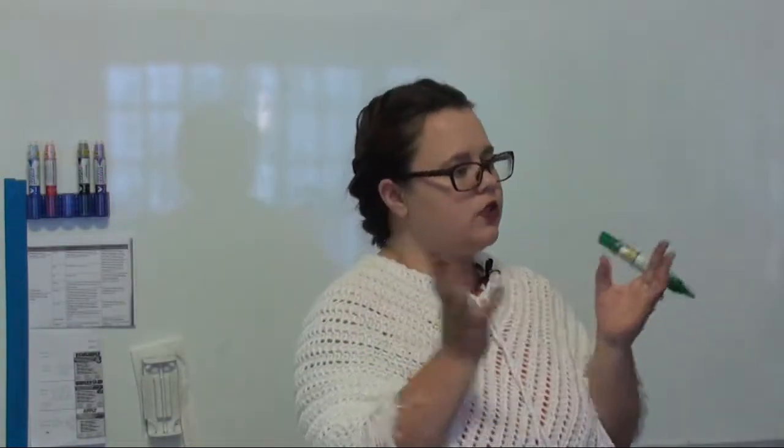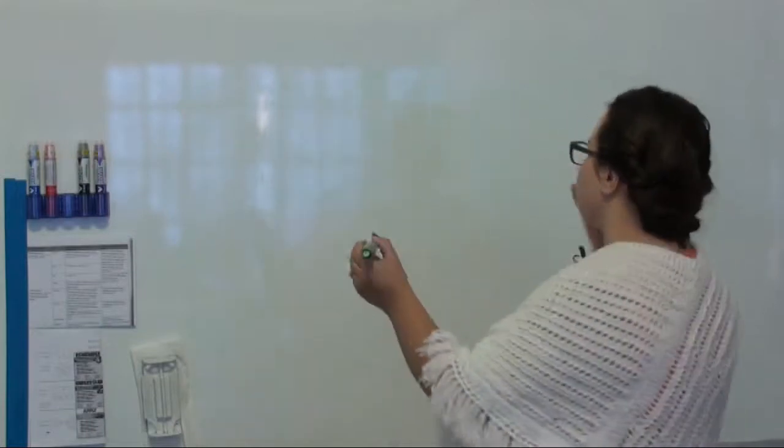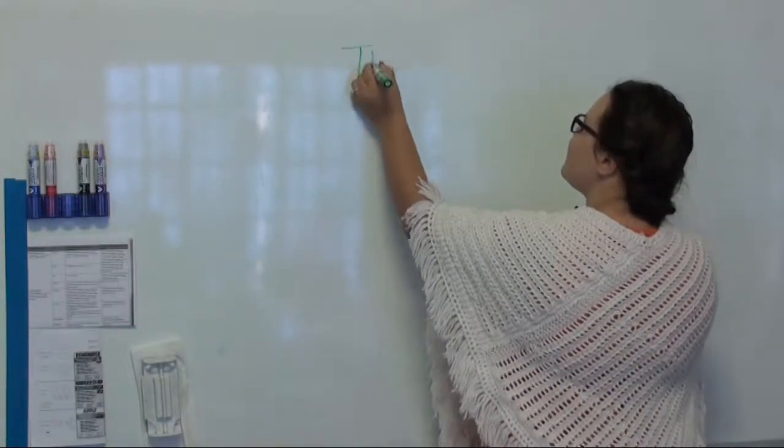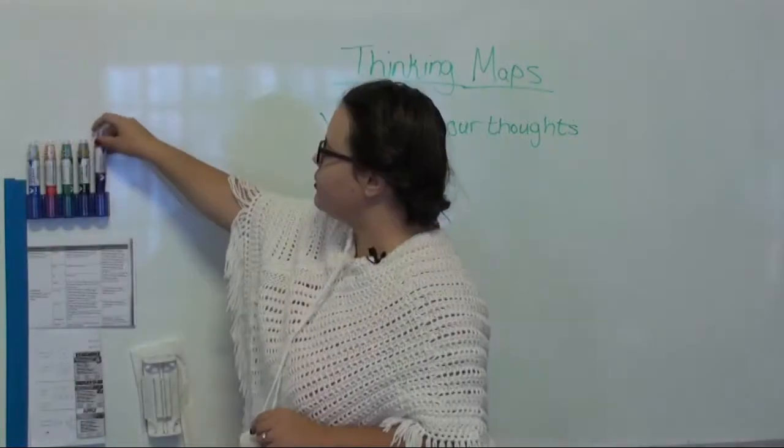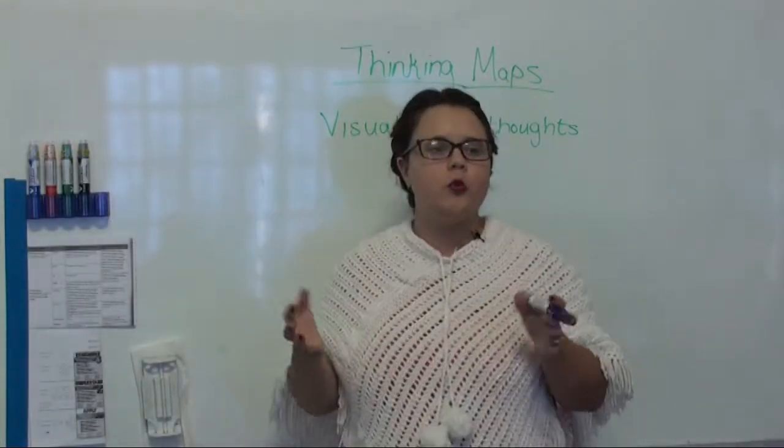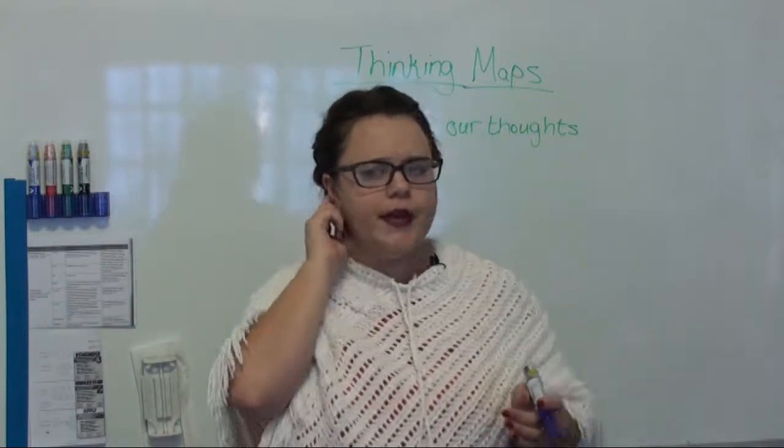Okay? And when you are organizing your thinking, a great thing to do would be to use the thinking maps. Okay? So we've got thinking maps that can help us visualize our thoughts. So our thinking maps allow us to visualize what we are looking at, okay?